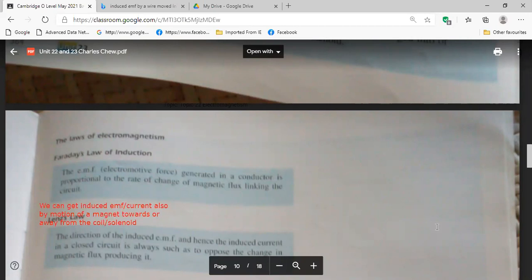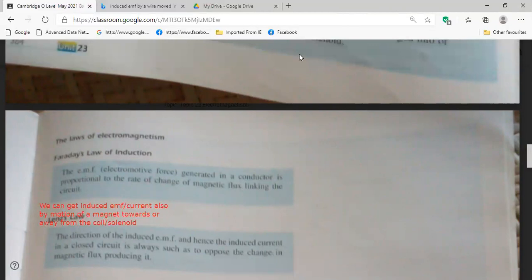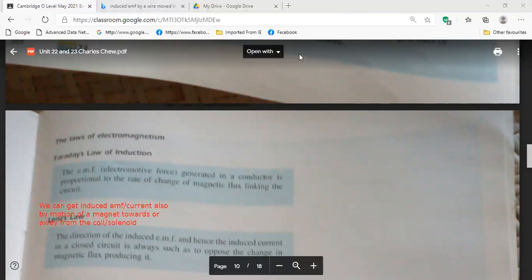Yeah, write it. What is magnetic flux? Beside flux, you write what I'm writing here.